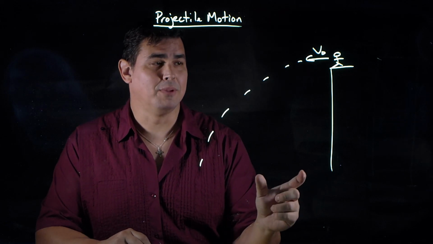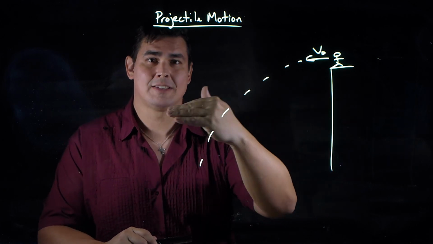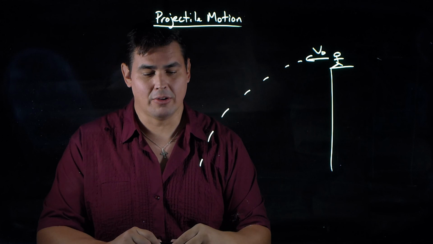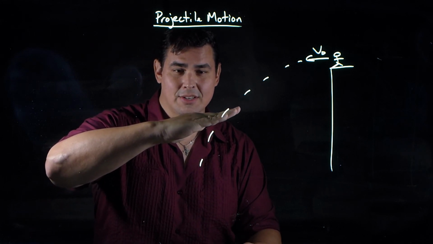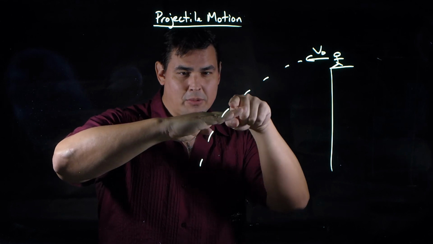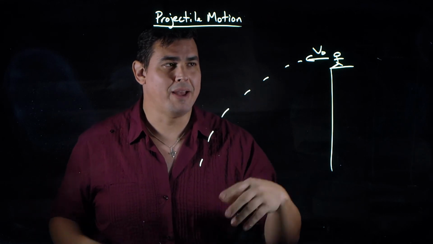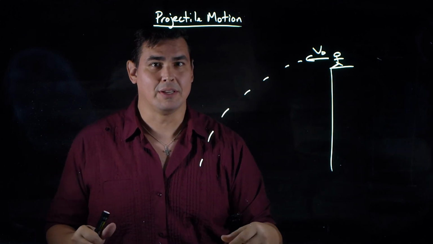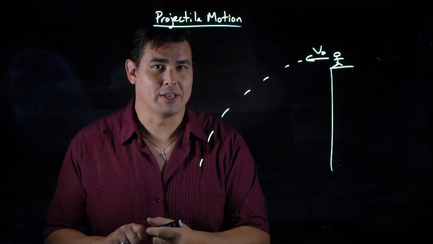Here's an example like that last one on the board, where you have something with an initial velocity in the x, but it's also moving in the y. In the example with the board, I had the board tilted up so that only a little bit of gravity was causing the ball to accelerate, so that we could actually watch what was happening. Now imagine you go out onto a building and you throw a ball. Gravity is going to make that thing accelerate down at 9.8 meters per second squared.